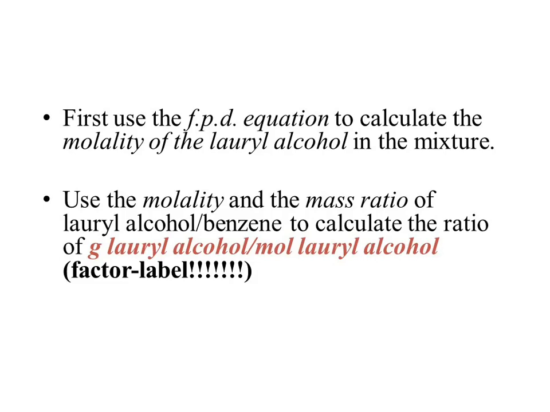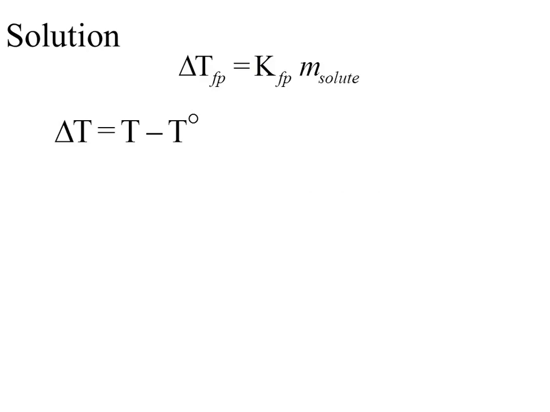Molality, in this case, is moles of lauryl alcohol to 1 kilogram of benzene, because benzene's my solvent. Once I have molality, I'm going to show you how, with this other information that's given, we can do it. So the first part is just finding the molality of the lauryl alcohol.